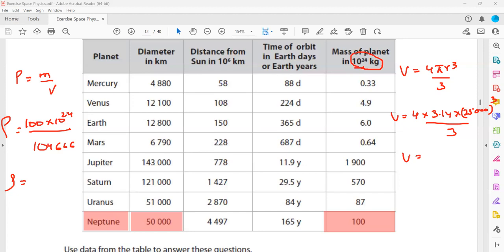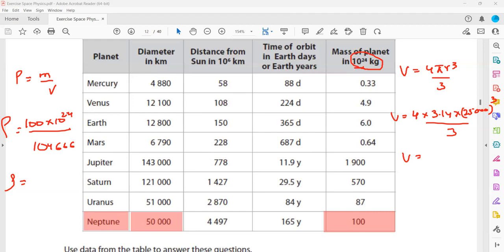When you divide, the answer is 9.55 multiply 10 power 20. Can you check again because it does not look correct? What's the answer for this?